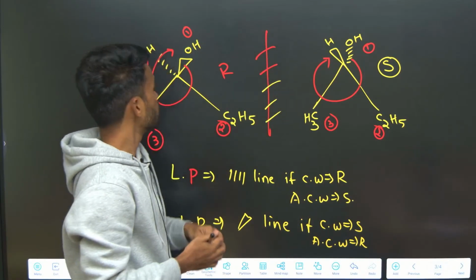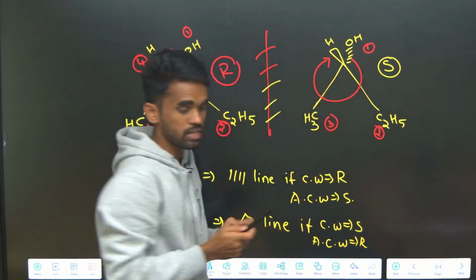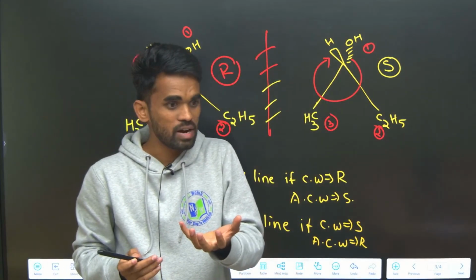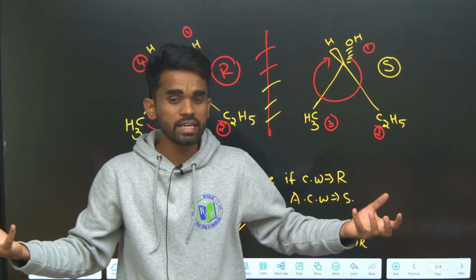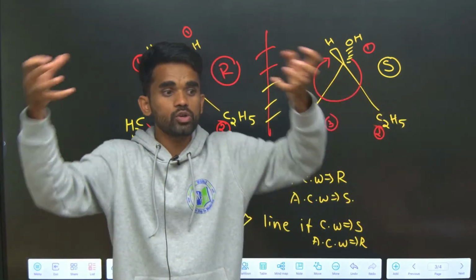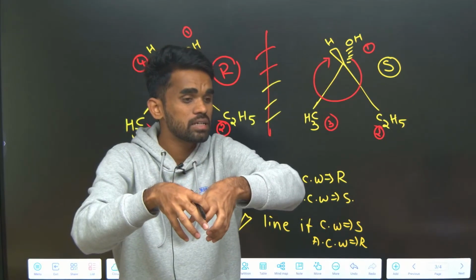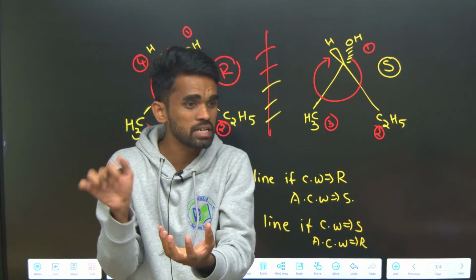Now if I take an equimolar mixture of R and S isomers in a jar, previously I had pure R and pure S. Now I am taking an equimolar mixture, 50% S and 50% R, into a jar.